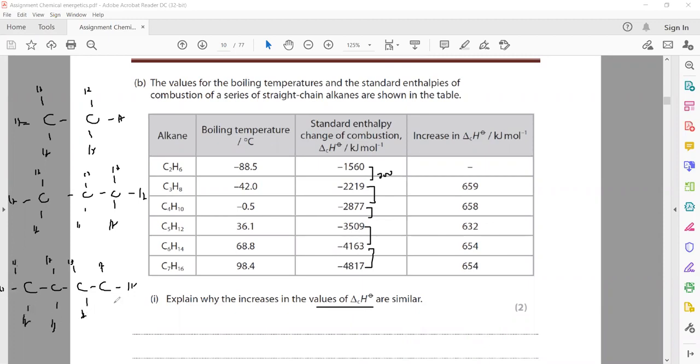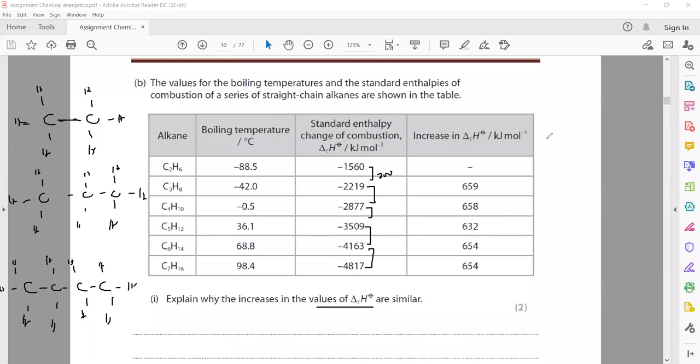So what is the bond difference? Here we have 1 carbon-carbon bond and 6 carbon-hydrogen bonds. Here we have 2 carbon-carbon bonds and 1, 2, 3, 4, 5, 6, 7, and 8. So the same number of bond difference is there.